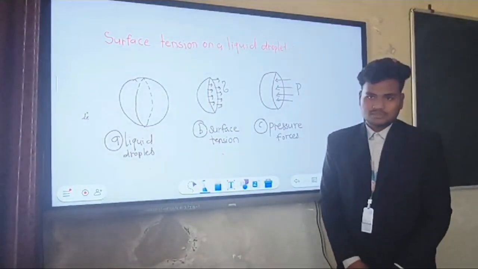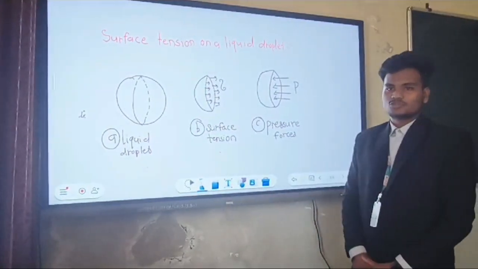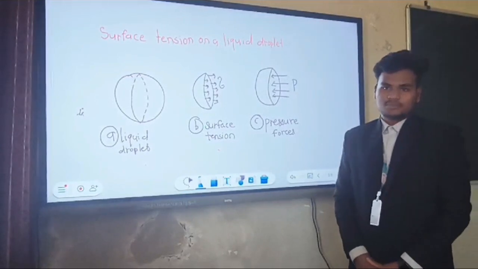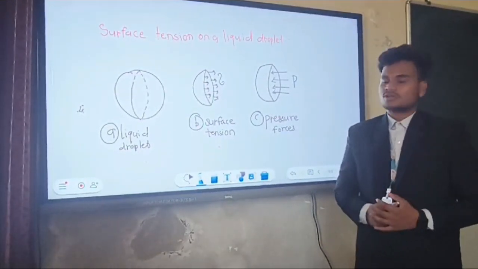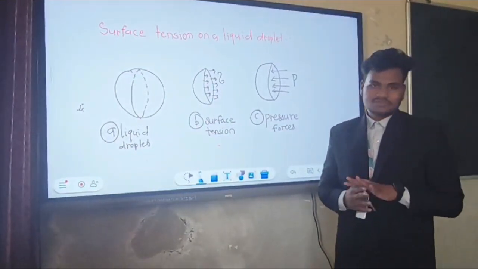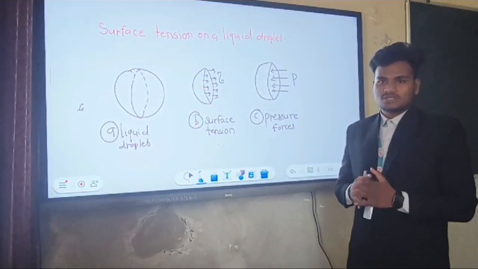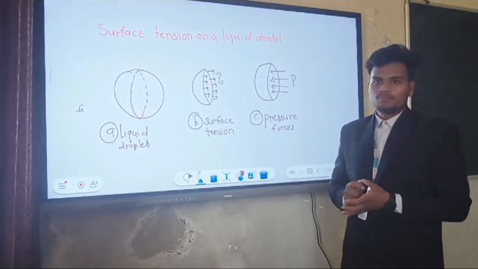A liquid droplet assumes a spherical shape due to surface tension, which minimizes the surface area for a given volume.